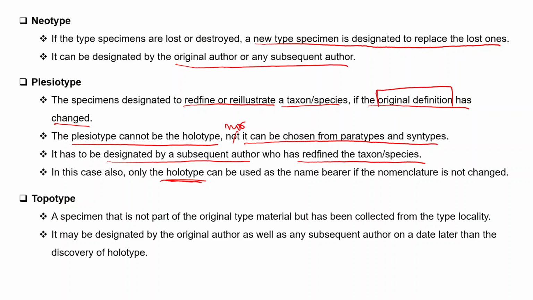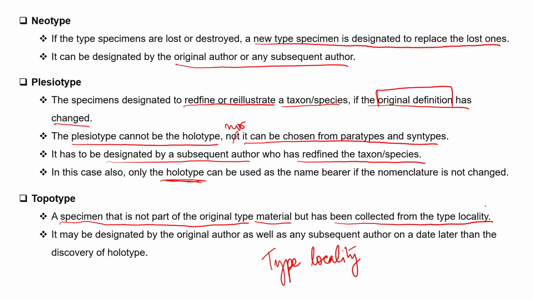But that particular author or a new author may revisit the type locality, and then collect material from the same locality, but it has to be different from the original material. So a specimen that is not part of the original type material but has been collected from the type locality.